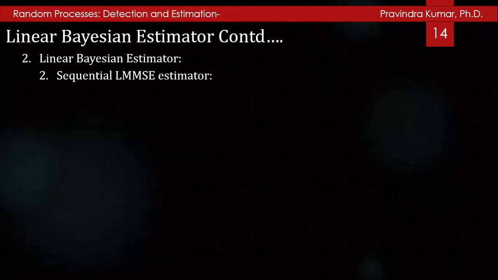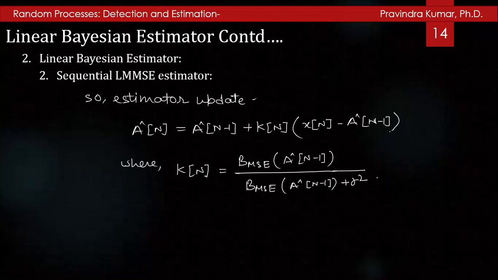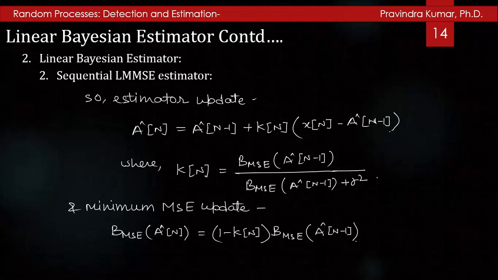So the estimator update is A cap n equal to A cap n minus 1 plus Kn into xn minus A cap n minus 1, where Kn is BMSE of A cap n minus 1 divided by BMSE of A cap n minus 1 plus sigma square. And the minimum MSE update is BMSE of A cap n equal to 1 minus Kn into BMSE of A cap n minus 1.